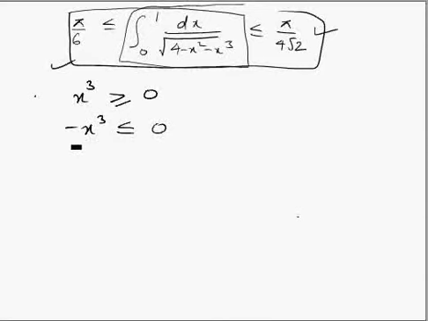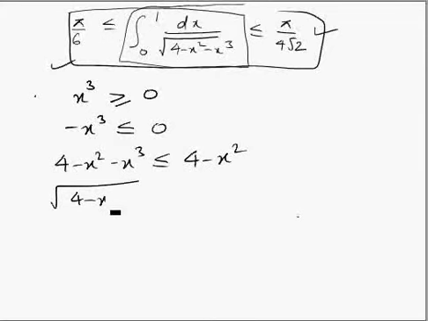Now we add 4 minus x square to both the sides, take the square root of both the sides, take the reciprocal. Now both the numbers are positive, so when you take the reciprocal you need to reverse the sign of the inequality.